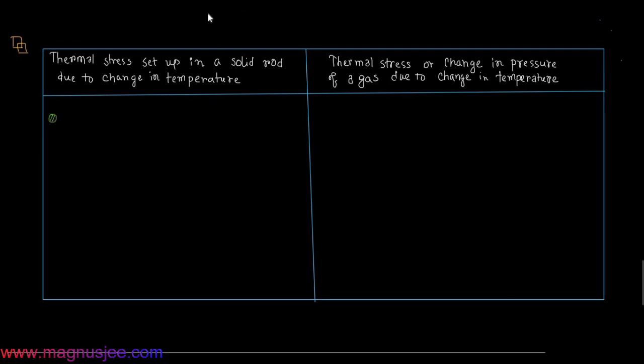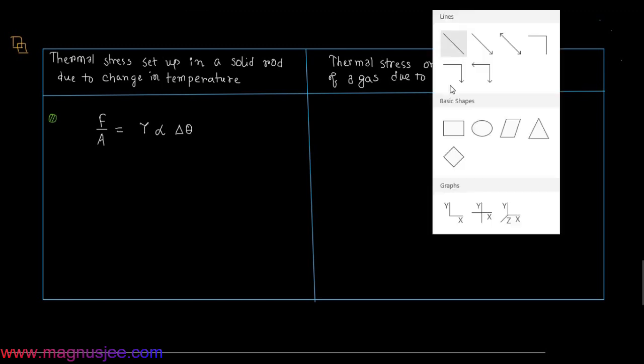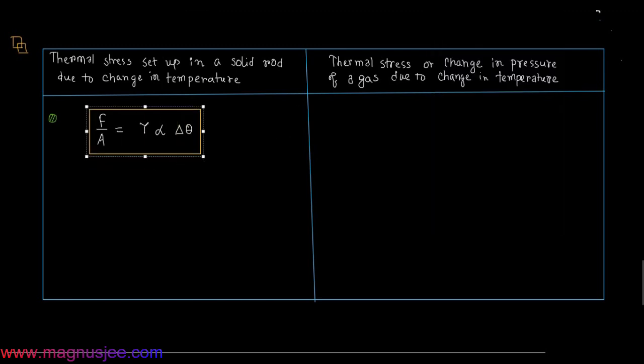On the left hand side, we can write thermal stress as F by A. F by A is the thermal stress which is equal to Young's modulus Y, temperature coefficient alpha and change in temperature delta theta. F by A equals Y alpha delta theta. On the right hand side, we can write down the expression of change in pressure of a gas.